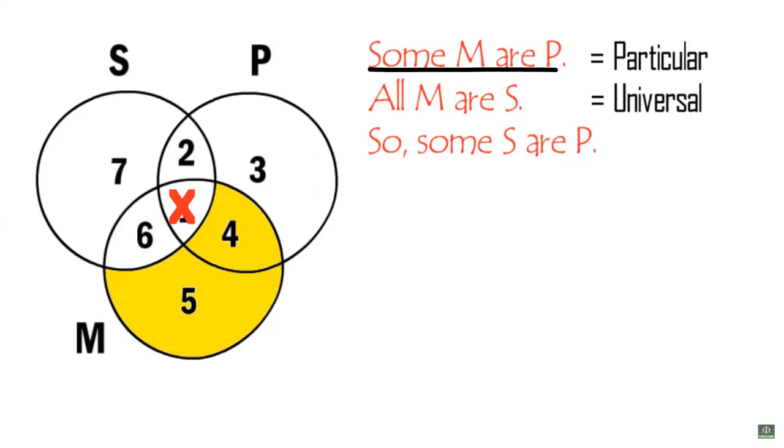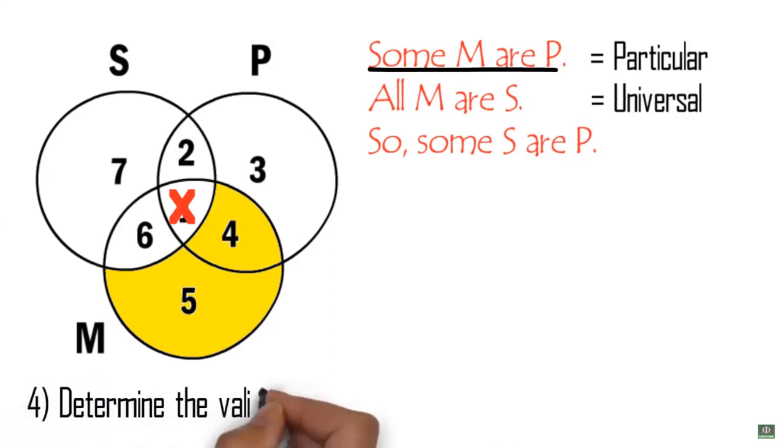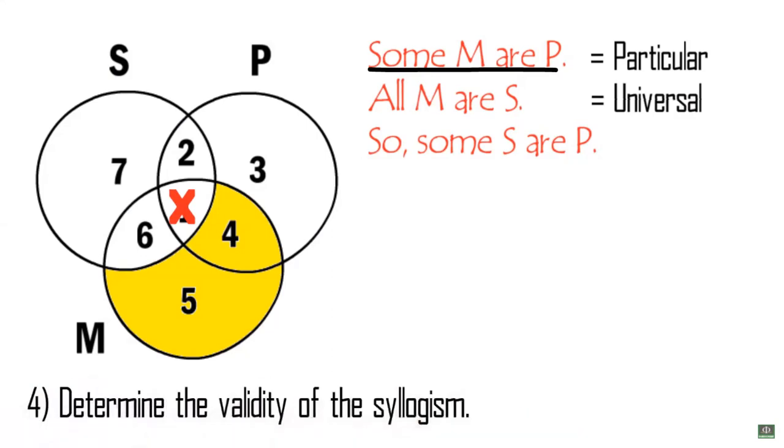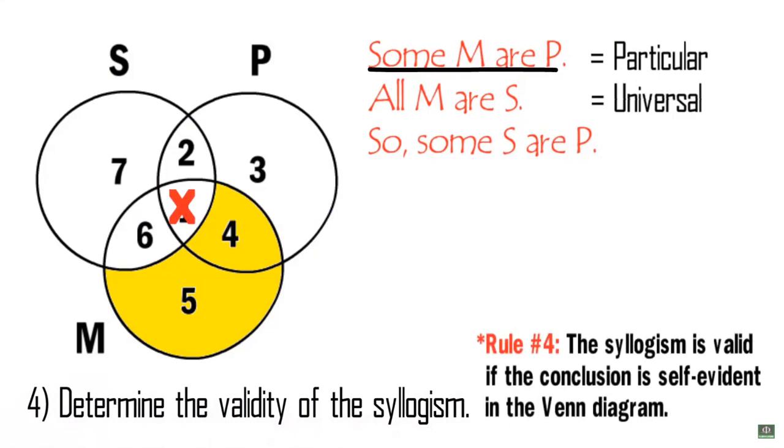Now that the Venn diagram of the syllogism is complete, let us proceed to determine its validity. Again, rule number 3 says, we diagram only the premises. Hence, we do not diagram the conclusion. And as rule number 4 says, the syllogism is valid if the conclusion is self-evident in the Venn diagram.